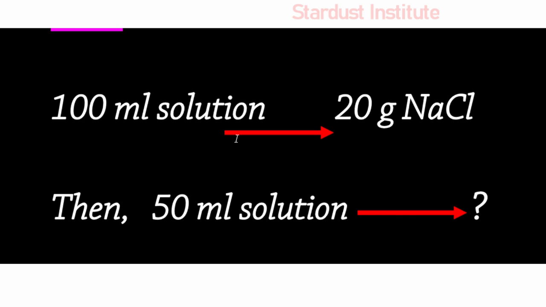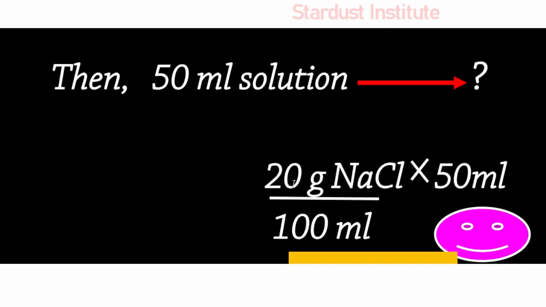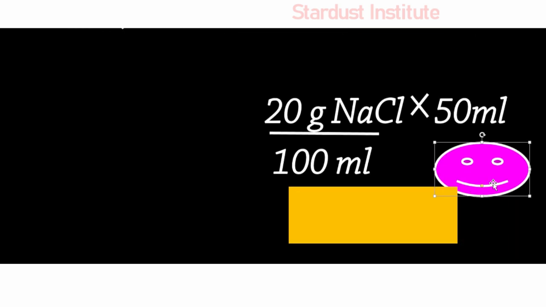We can find the answer in this way. 20 grams of sodium chloride divided by 100 milliliters multiplied by 50 milliliters. The unit milliliters should be cancelled out.